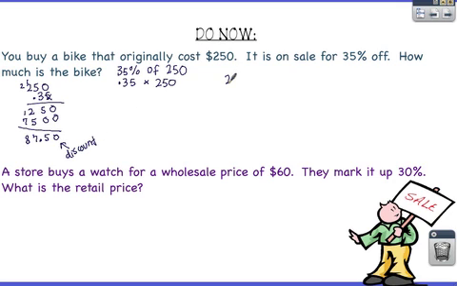So if it originally cost $250, now we can subtract $87.50. Notice how I do need to line up the decimal points for addition or subtraction. I need to borrow.